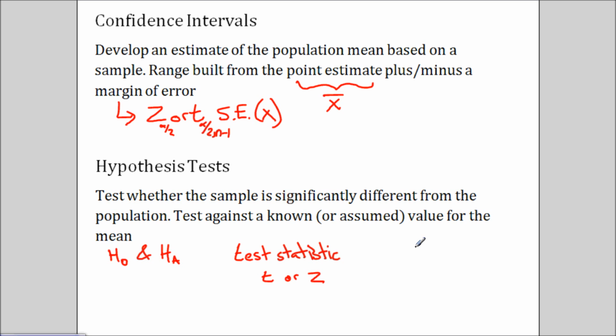This may involve, with Z's, going to the p-value, or we can just find a critical value that we reject if T is within a rejection range. So we'll develop a rejection range, which will be based on the alternate hypothesis. And then we draw a conclusion. We conclude whether or not we reject H0 or fail to reject H0, and that will be based on how this test statistic compares to the rejection range.